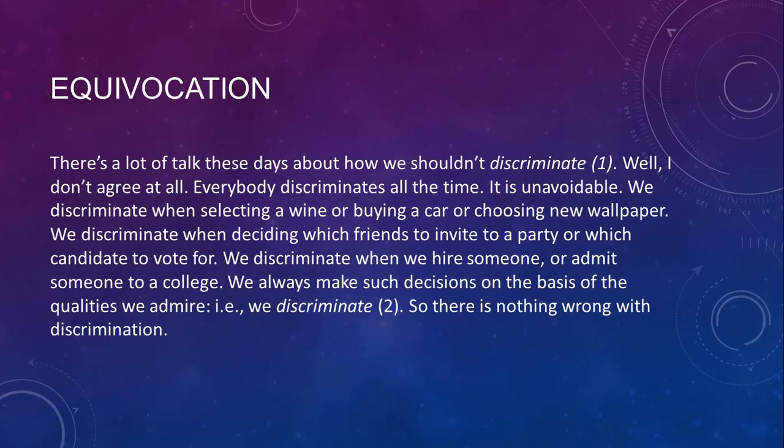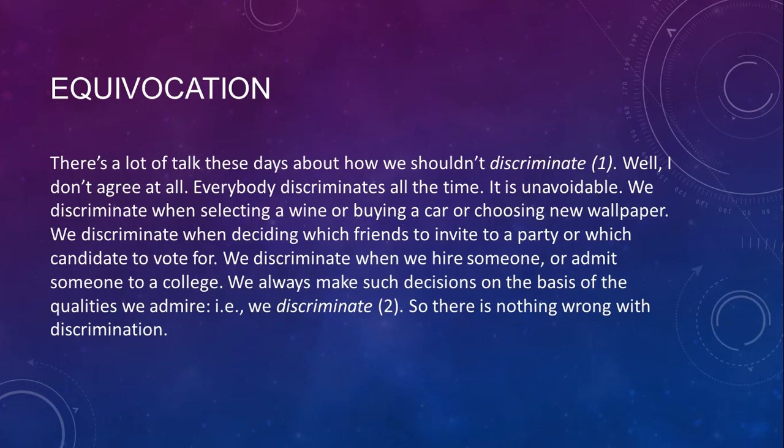In the one case we talk about discrimination against people for arbitrary reasons. When people talk about don't discriminate against people, what they mean is don't discriminate against people for arbitrary reasons or reasons that are beyond their control or something like that. They don't mean don't tell the difference between good wine and bad wine, right?